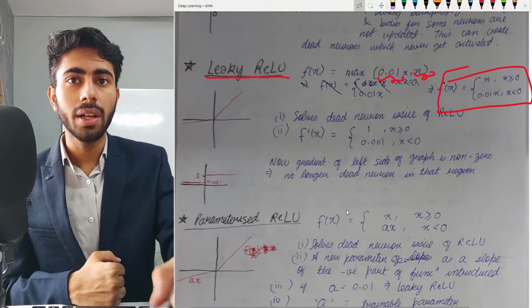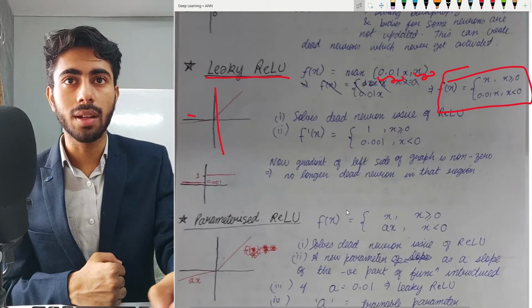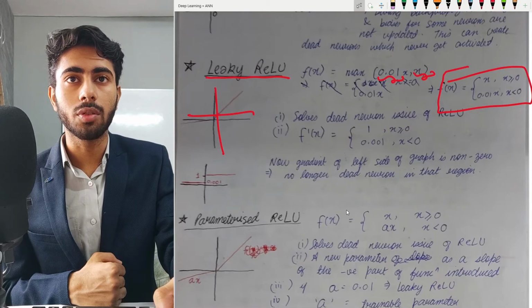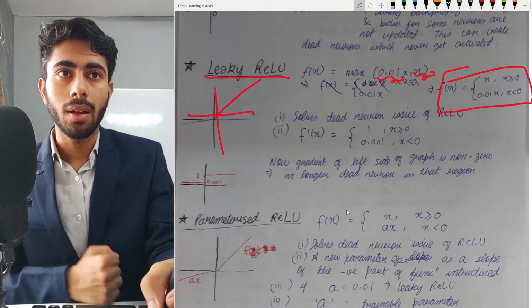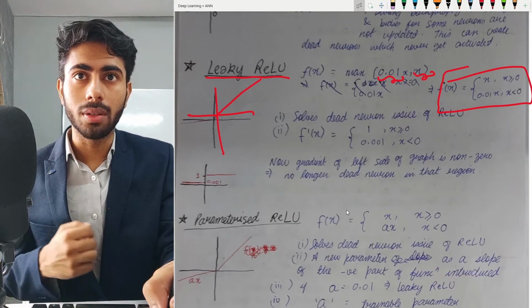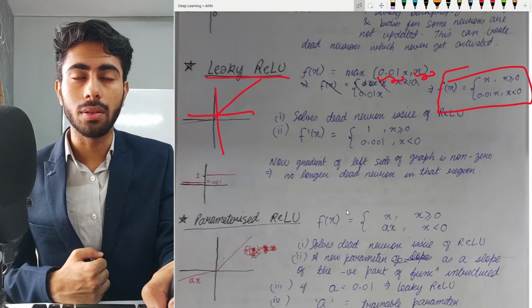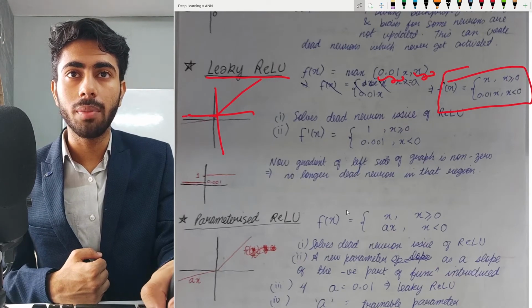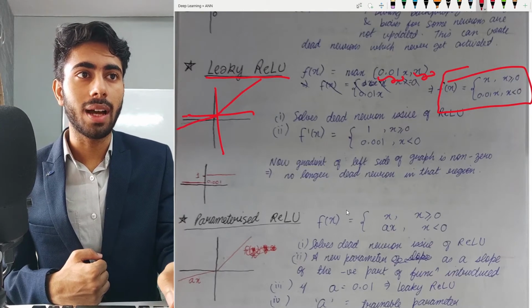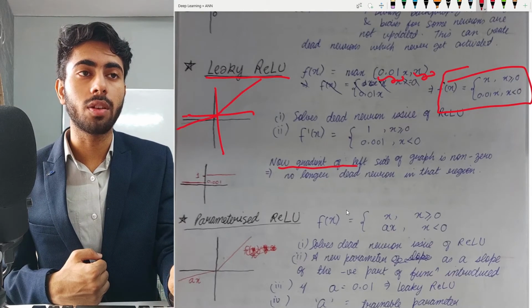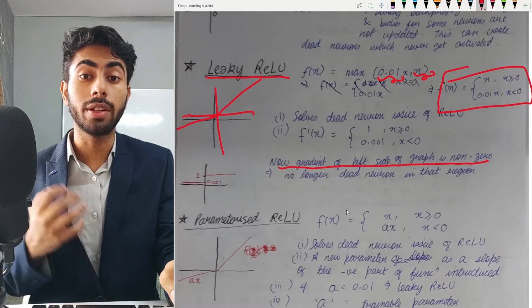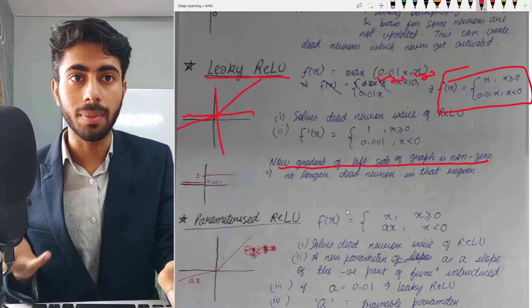Now you can see in this graph that for positive numbers, the graph is a straight line, but when we pass a negative input, the gradient is not going to die. There will be some slope. So we can say that the left side of the graph is now non-zero. Therefore, the dead neuron issue of that region has been solved.